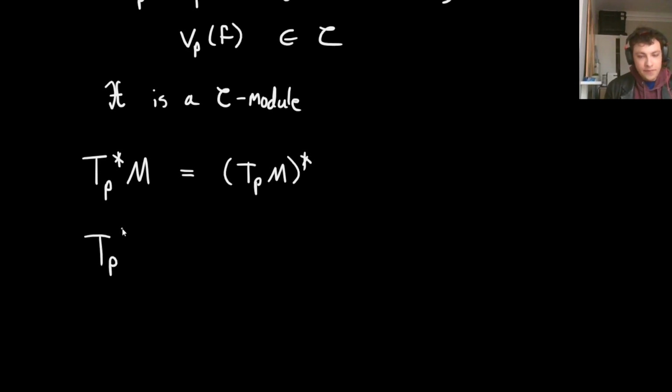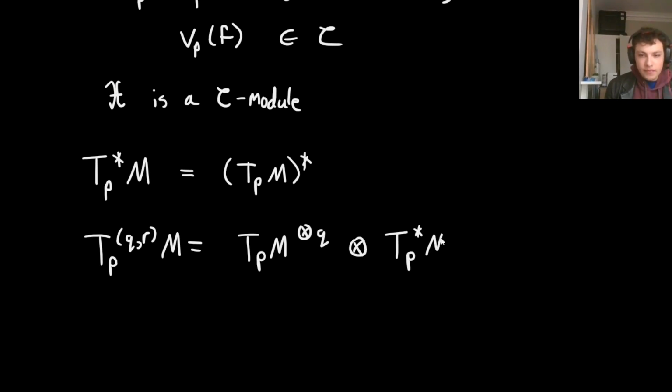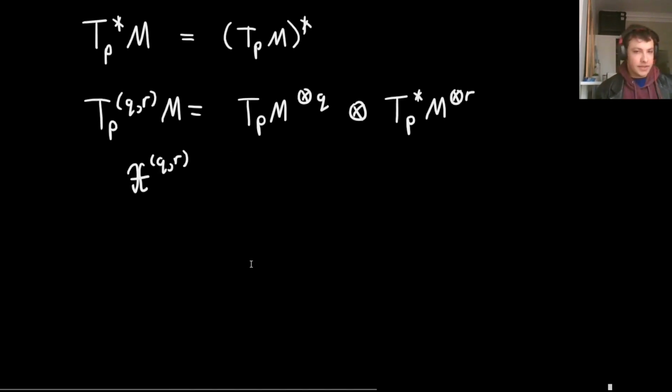So T_P^{Q,R} M is T_P M, we tensor this with itself Q times, and then we tensor that with the dual space R times, and we get the type (Q,R) tensor space at P. And again, analogously, you can take smooth fields, or it's called a section of the tangent vector space bundle. So X^{Q,R}. And again, this is a C module, not just an R vector space.